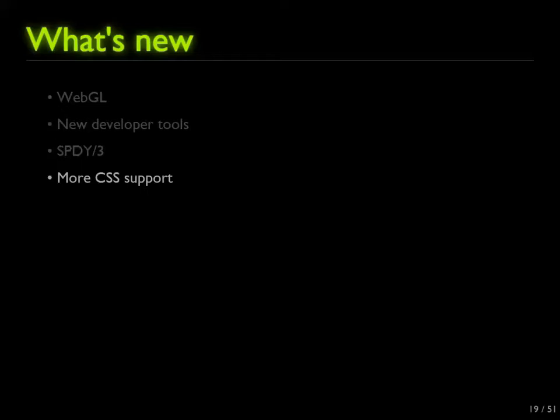They've continued on the progress of implementing more CSS3 features, or are they now CSS4 features? I'm not really sure, but there's a bunch of new CSS stuff that's come. They've also improved the touch support in line with the recent specification changes. I'll talk about that a little bit later on. They've added some stuff for ES6.